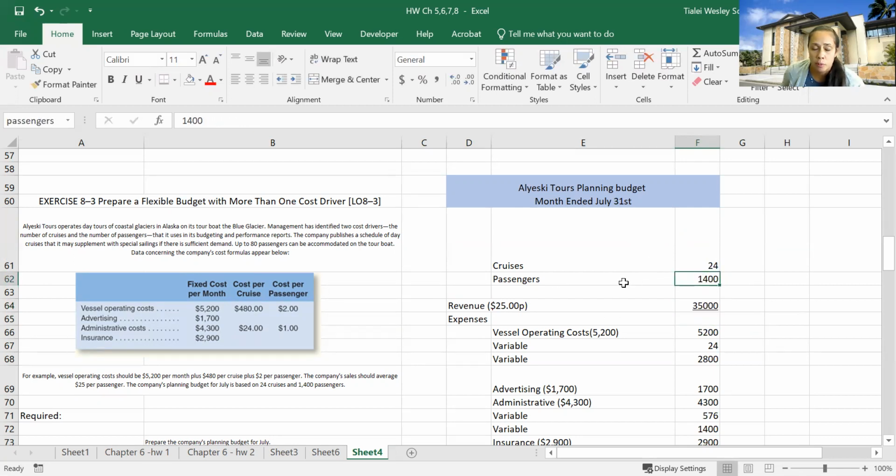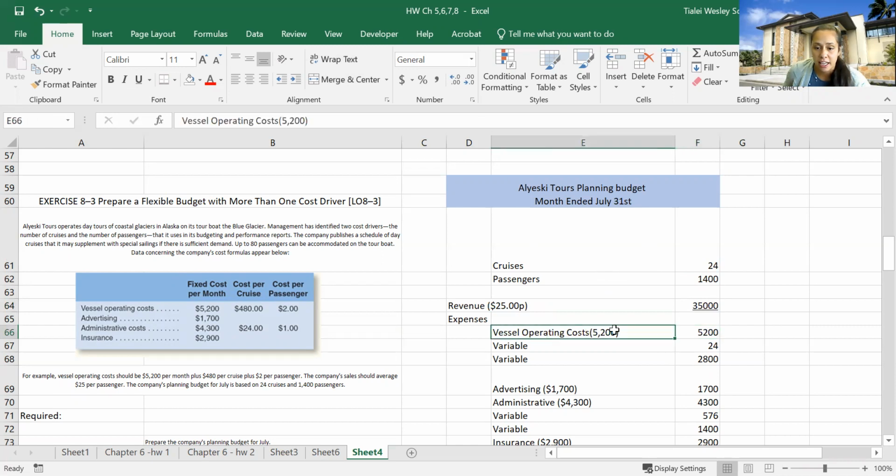These formulas in Excel are great if you're going to change the number of passengers. You can use the exact same formula. If I had 1,500 passengers, then it would automatically update my revenue. But I just have 1,400 right now, so whenever I reference passengers, it'll change my revenue, and that passengers can just be plugged in there for P.